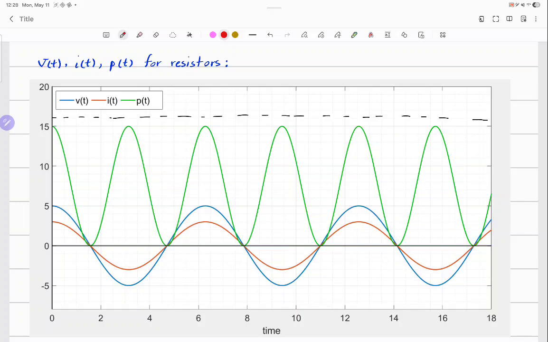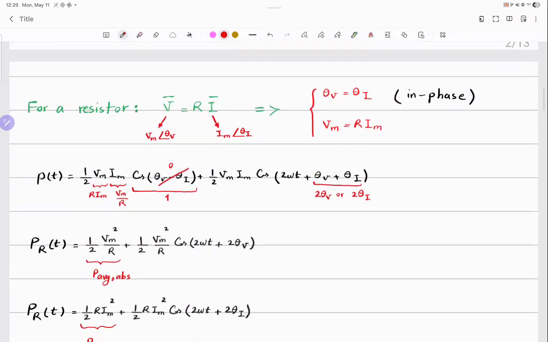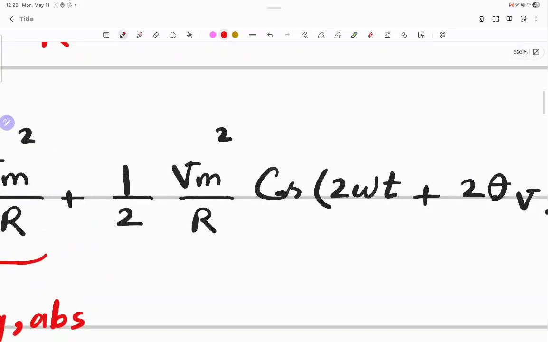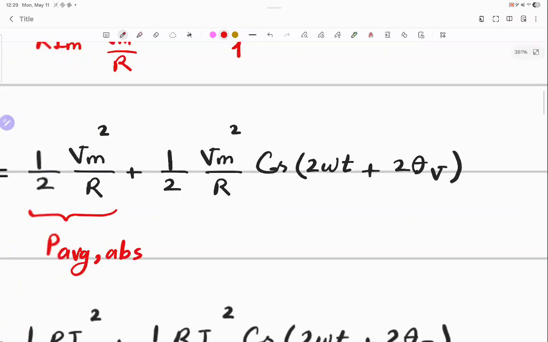The frequency of the green signal is 2 times the red and blue. If it is not obvious from here, you should know it from here. Do you see that? 2 omega t. So the frequency is twice.